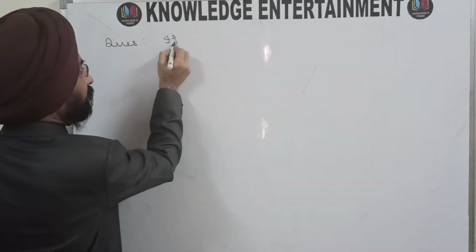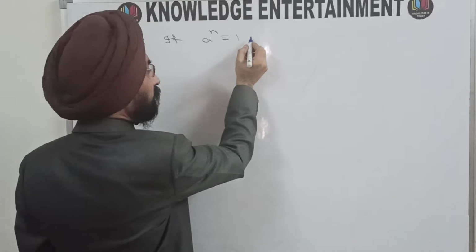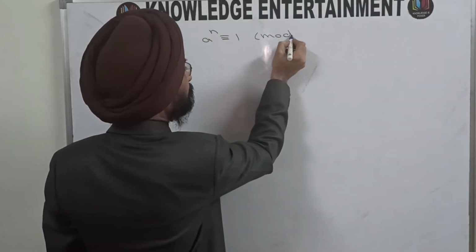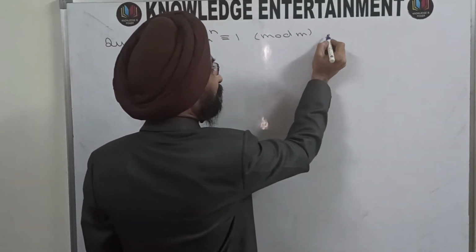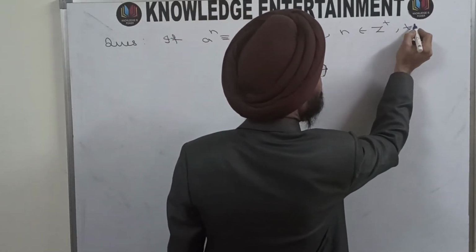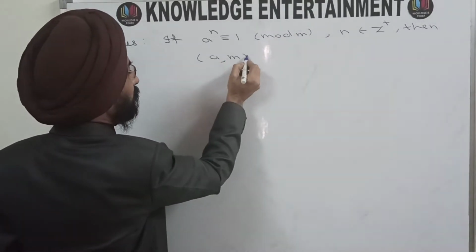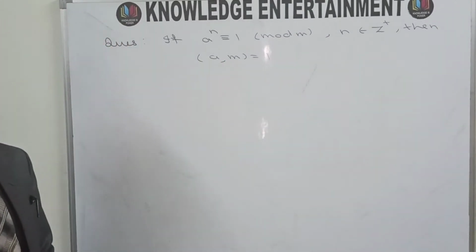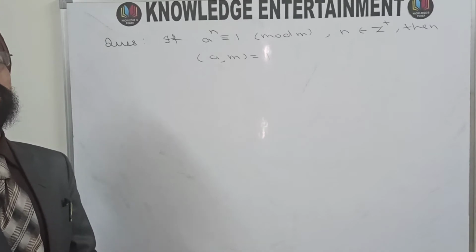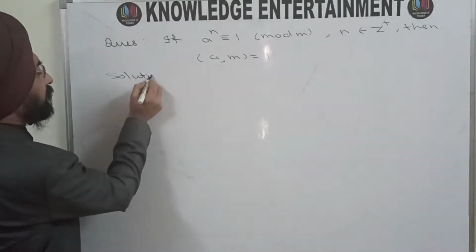If a raised to the power n is congruent to 1 modulo m, where n is any positive integer, then GCD of a and m is 1. This is our next question, and the solution is once again very easy. What are we given?